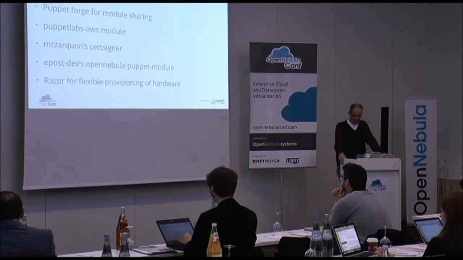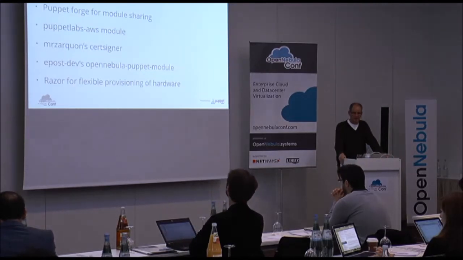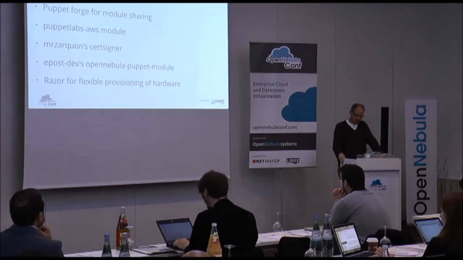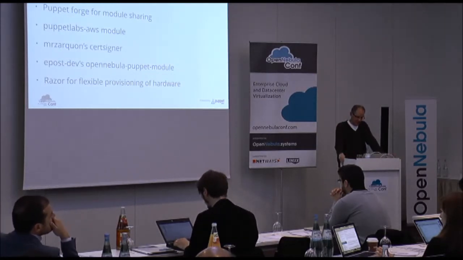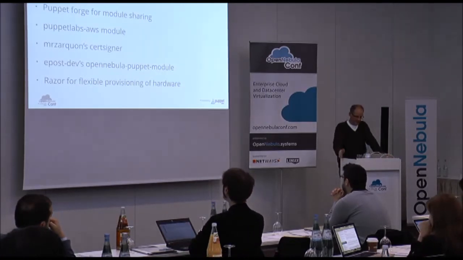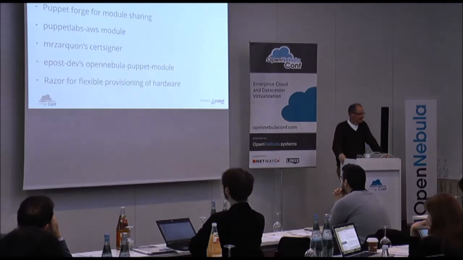This whole cert signer business automates the process of getting a cloud instance actually up and running and enrolled with Puppet. EPOS Dev lets you manage the administrative entities that OpenNebula deals with. And then if you're in the market for a provisioning system, Razor's your friend.